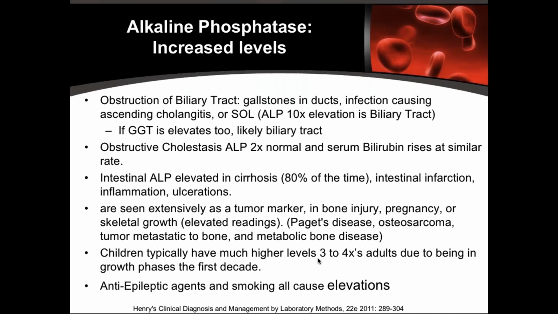So benzodiazepines is an example. If your patient comes in, you do the labs, and you notice that the alkaline phosphatase levels are raised, one of the questions you want to ask yourself before you keep digging around is, is this patient on an anti-epileptic medication?